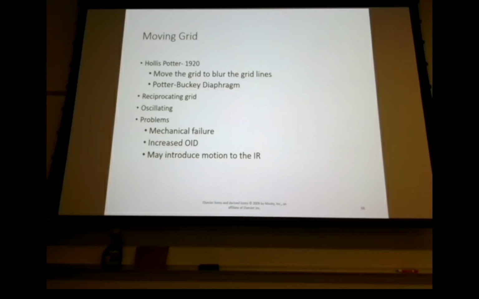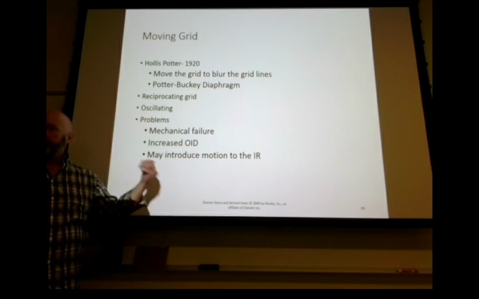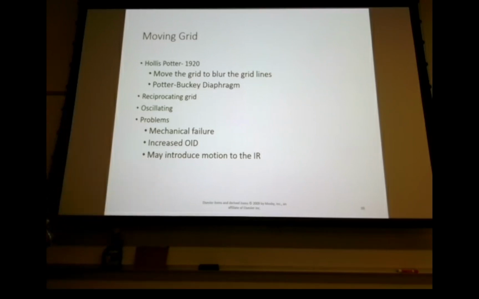In the Otonello method, if we can't see the upper C-spine, you have the patient move their jaw like they're chewing, and it blurs out the jaw. It's the same thing. If we move the grid, it blurs out the grid lines, and even on high resolution image receptors, you just can't see the grid lines. So the different motions, again, are reciprocation and oscillation.